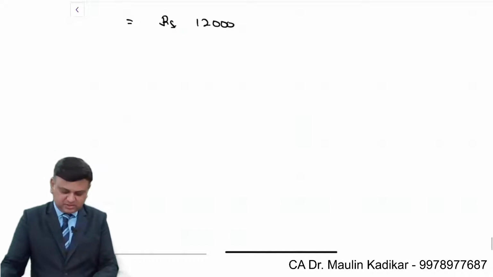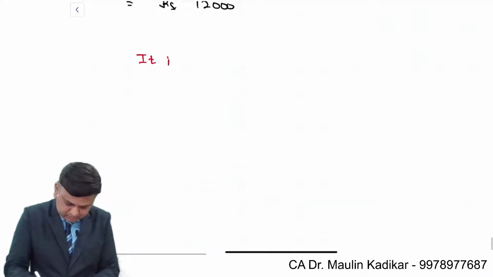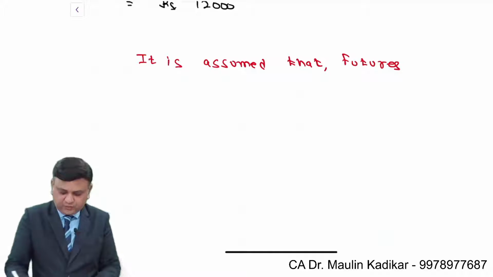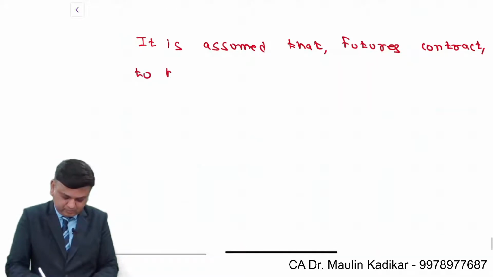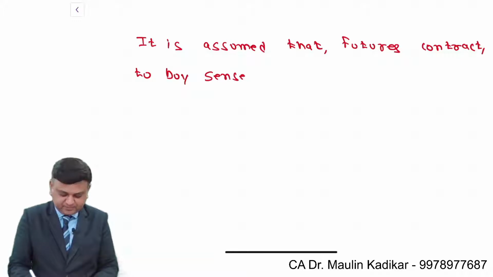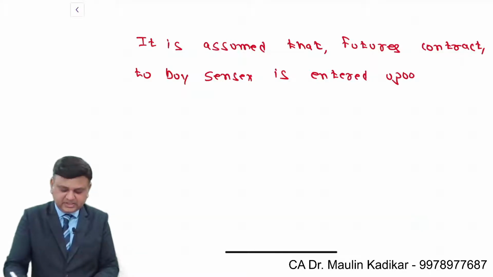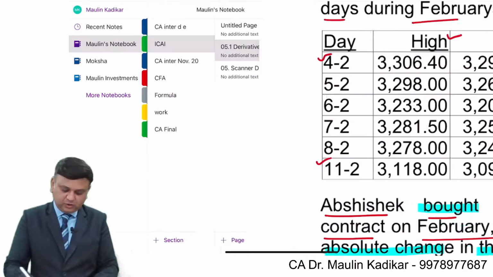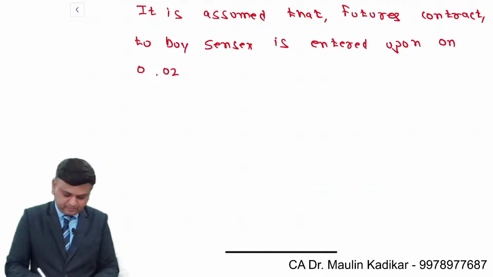Write down a note for the answer, just a note. It is assumed that the futures contract to buy Sensex is entered upon on 4th of February at closing price.